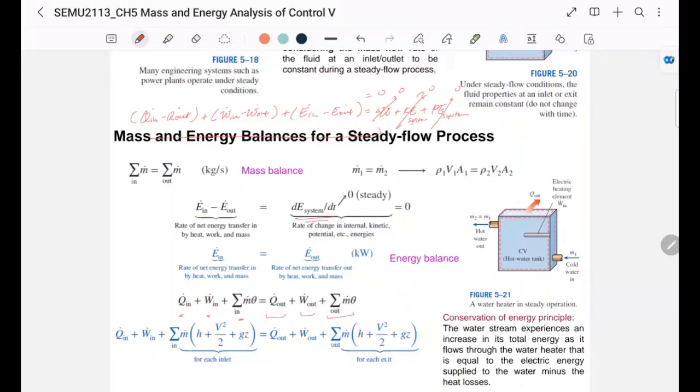So it's really in equal to out. Conservation of mass, conservation of energy combined together. So that's the equation that we'll be using to analyze a steady flow open system.